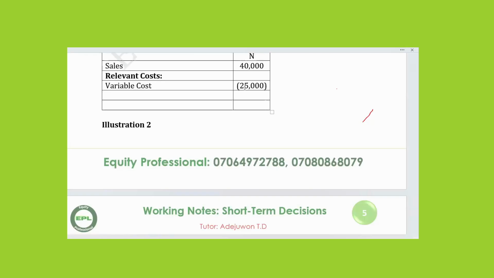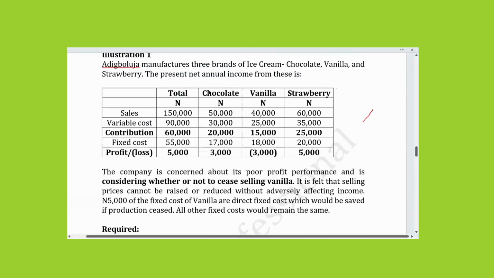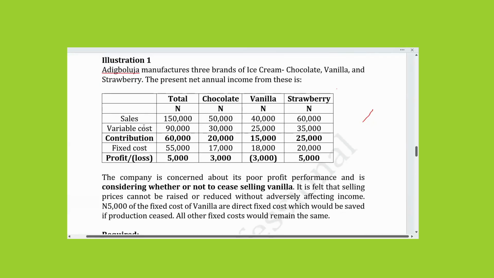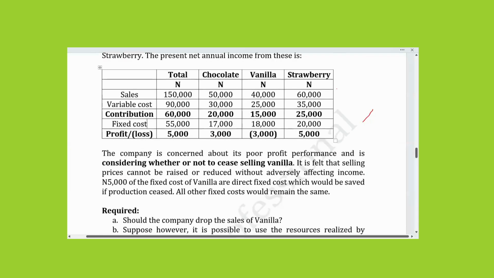Any other relevant costs? From this table, there is no other relevant cost. Fixed cost is not a relevant cost. Any cost that will not change as a direct consequence of the decision taken is irrelevant. So fixed cost is not relevant, we ignore it.